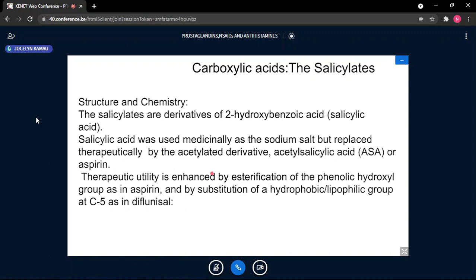So the therapeutic utility is enhanced by esterification of the phenolic hydroxyl group, as in aspirin, and by substitution of a hydrophobic or lipophilic group at carbon 5, as in diflunisal. We had already looked at diflunisal, and said it has a second group, at position 5. Addition of a second hydrophobic group, which is non-coplanar, will increase activity.